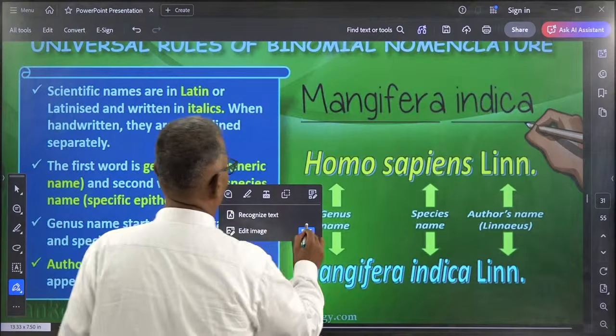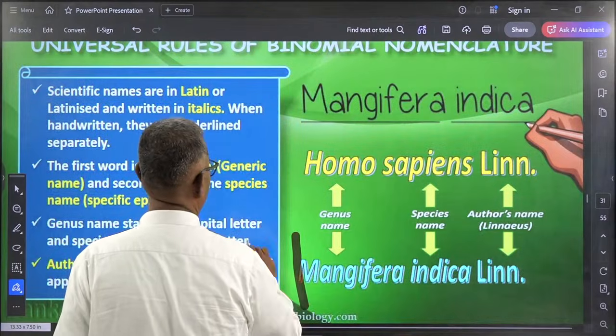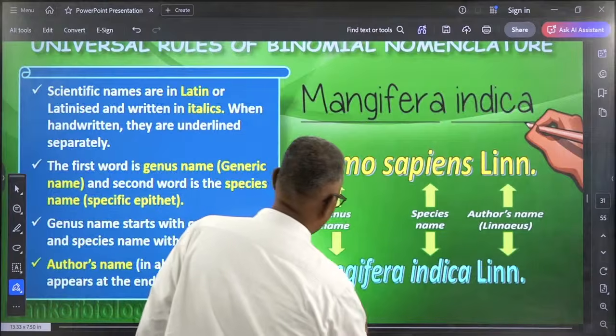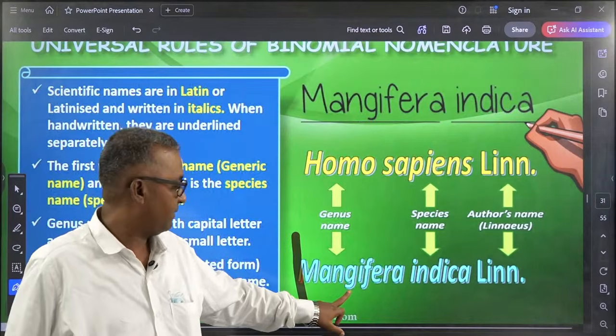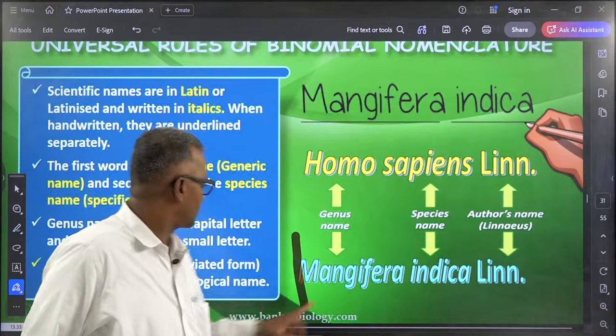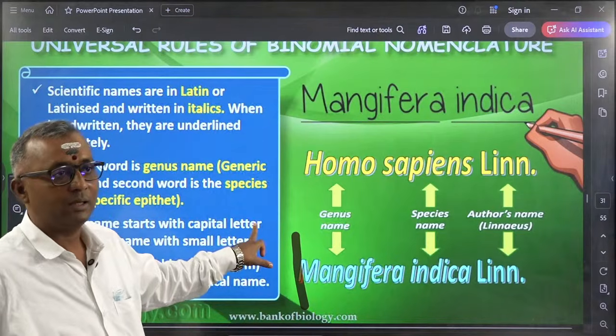Can you see any difference between this word and this word?